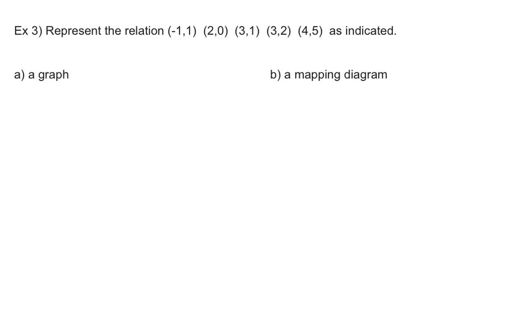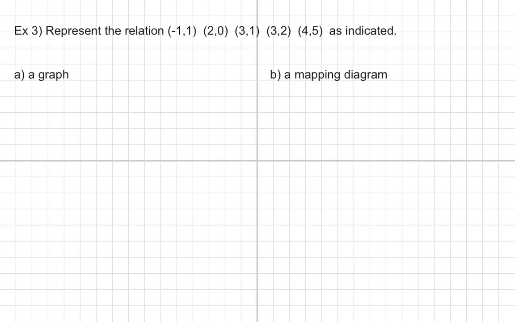Okay, they're also going to ask us to do something a little different here. Represent the relation, and they give us 5 points as indicated. One is they're going to say represent this relation as a graph, and 2 as a mapping diagram. Well, if I'm going to do a graph, as a graph, they're simply going to ask us to put these points on a graph.